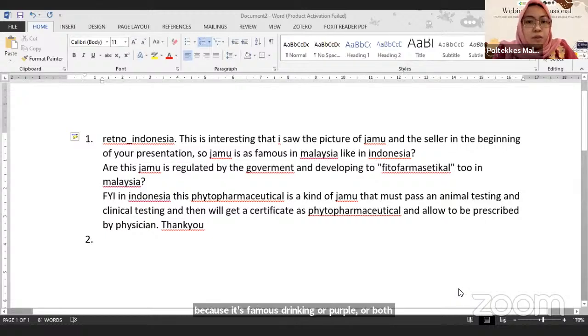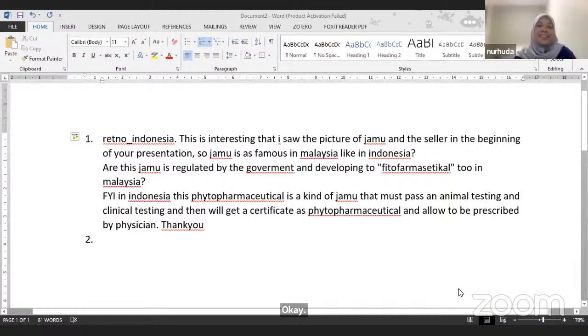And the second question was whether this jamu is regulated by the government and developed into phytopharmaceuticals too in Malaysia.